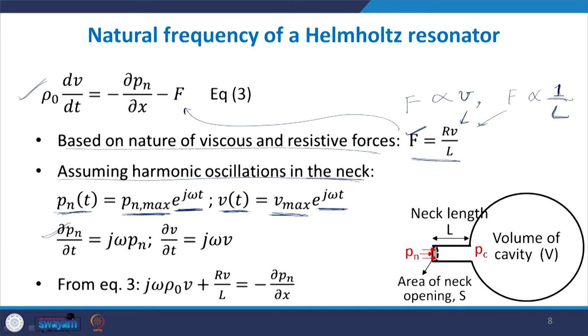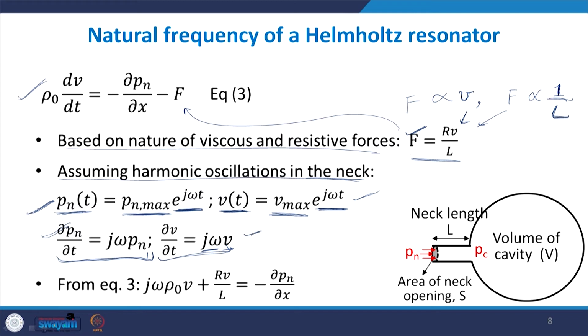So, this simply becomes j omega into whatever is this value. Similarly, if you differentiate the velocity equation with respect to time, this becomes j omega into V max into e to the power j omega t, which is simply j omega into whatever is the expression for V. So, if this is the form of solution, then the differentials with respect to time are simply j omega times the original function.